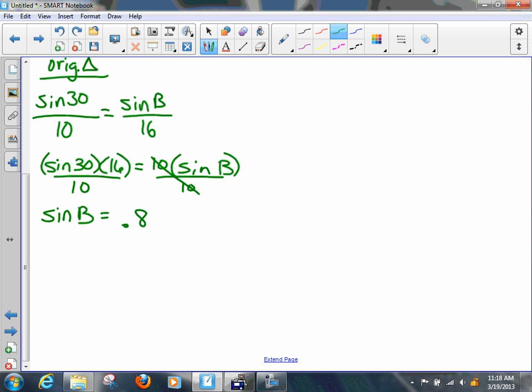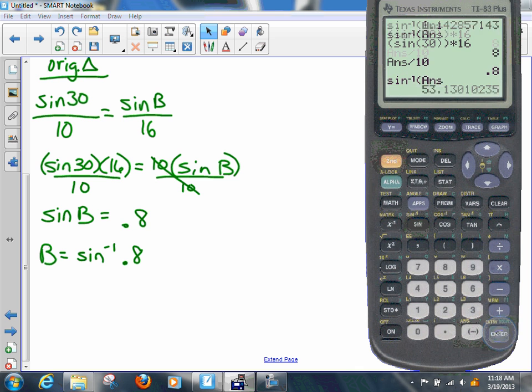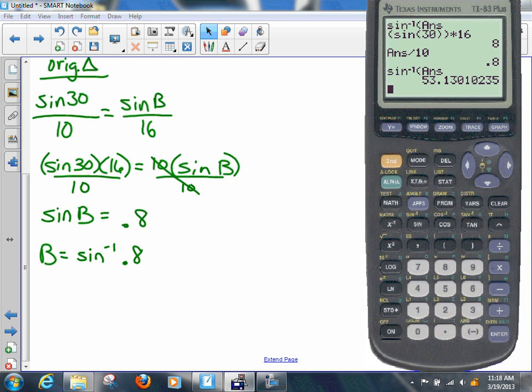And am I safe with that boundary, with that number? Does it fall within my negative 1 to 1? Yes, I'm safe. How do I find B? Inverse sine. Inverse sine of 0.8. That one's easy. Got 53.1? Yeah? Easy?